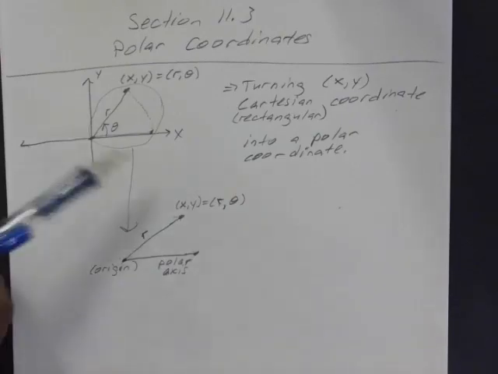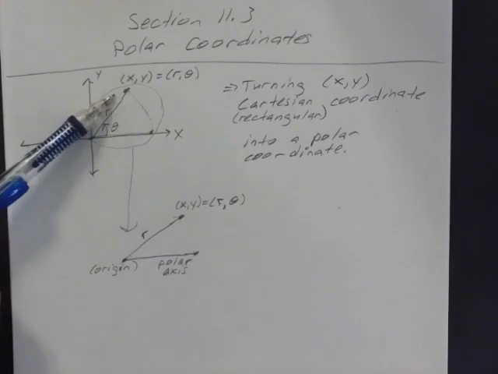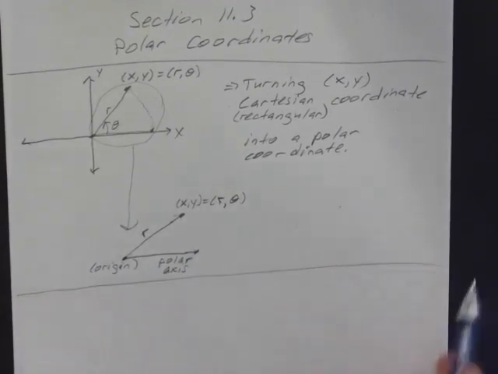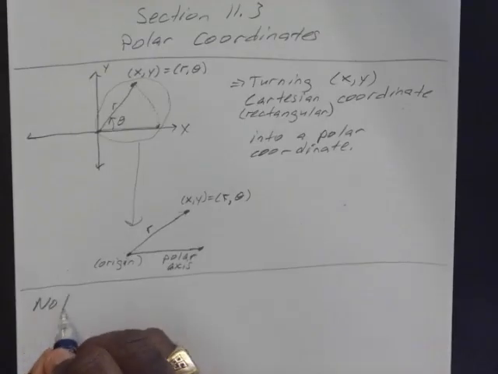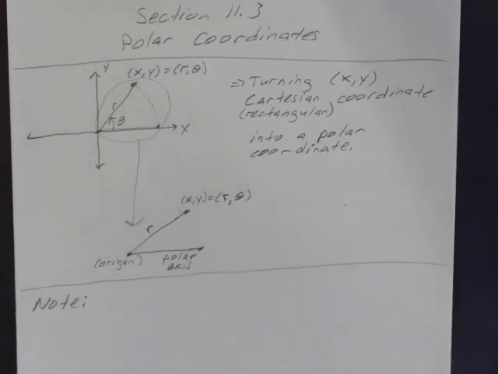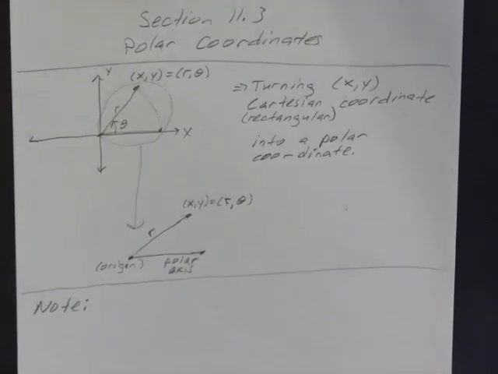Now, one of the big differences between the Cartesian coordinate and the polar coordinate is that when you have, let's say, the point 3, 5, X is 3, Y is 5. That's what the point is represented by.